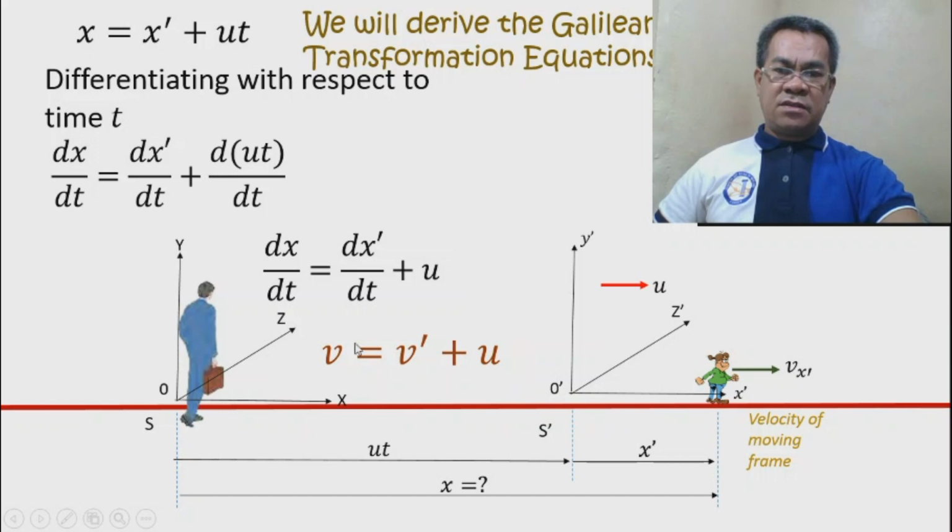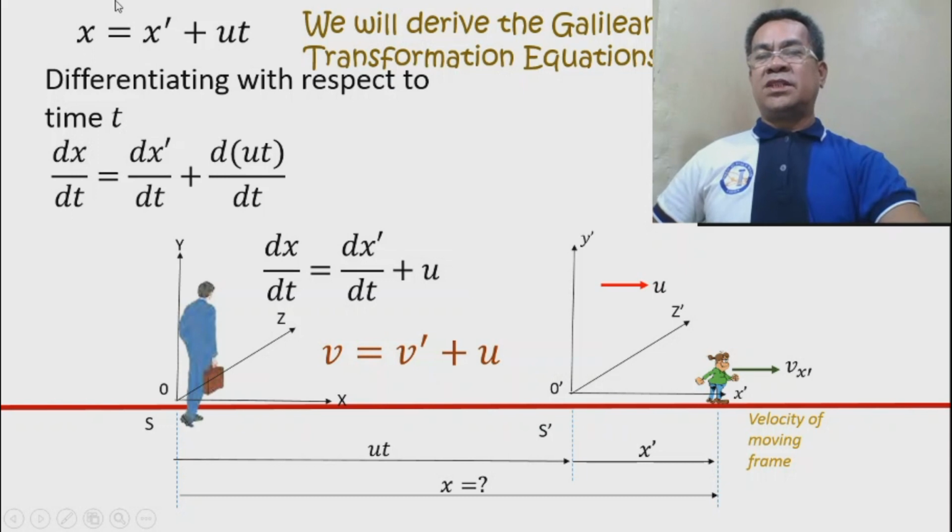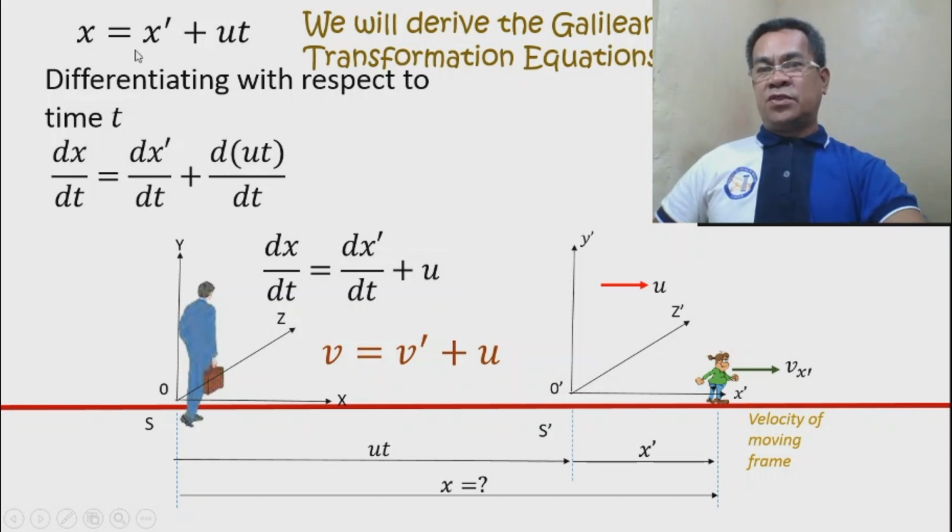Adding the two gives the formula we used in our previous example: v equals v prime plus u. This is the velocity of the man, and this is the velocity of the train. It should be added if they move in the same direction, but in the opposite direction, you have to subtract it. So this is the position transformation with respect to x, and this is also the velocity transformation along the x-axis.